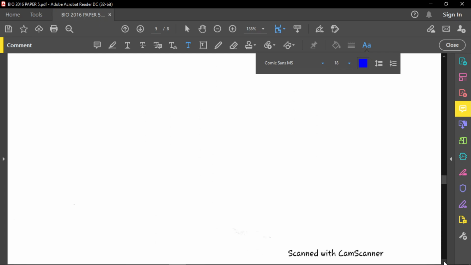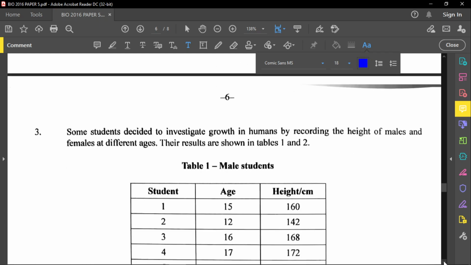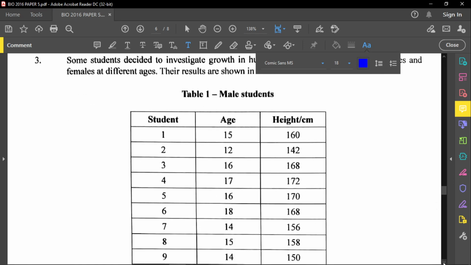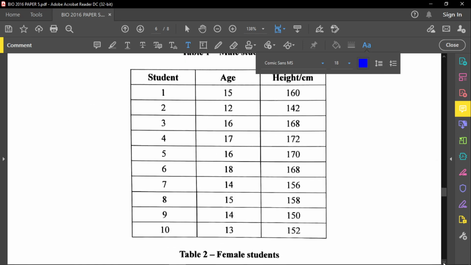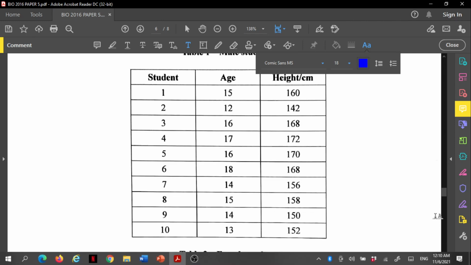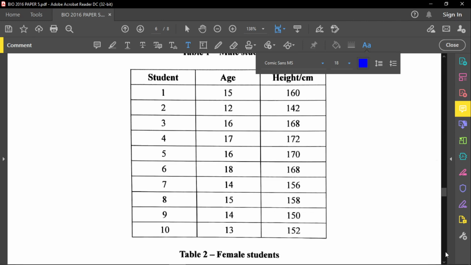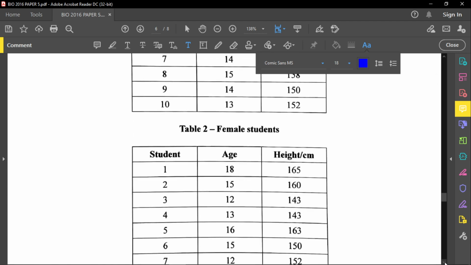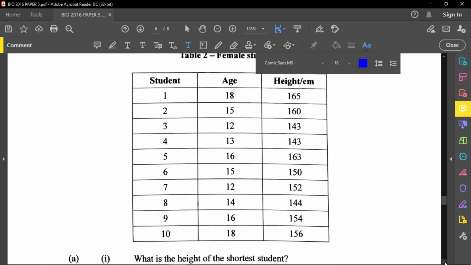For this question, it said that some students decided to investigate growth in humans by recording the height of males and females at different ages. Their results are shown in table 1 and table 2. Table 1 is for males, the height of males at different ages, and table 2 is the height of females at certain ages as well.